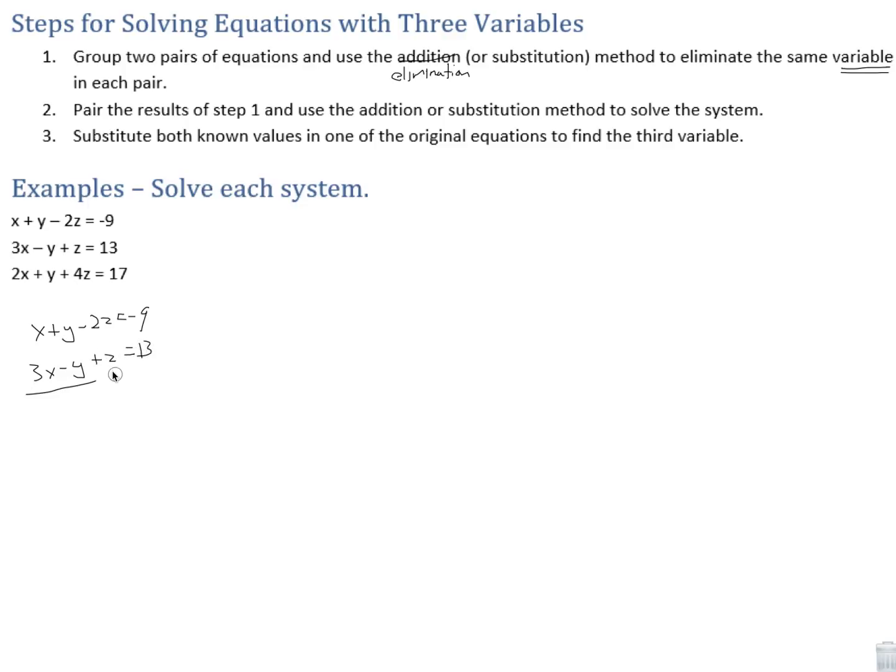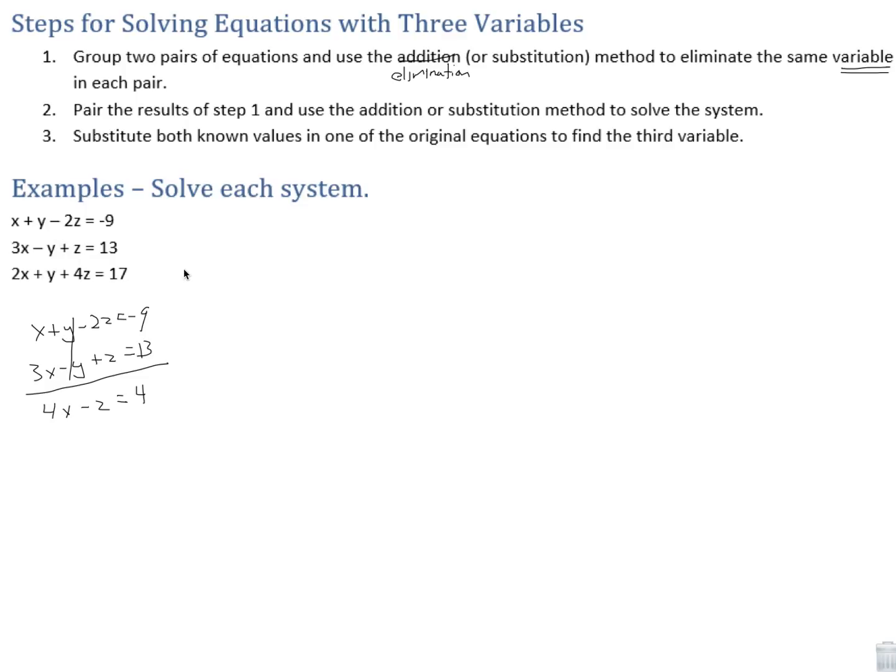If I group those and add them together, I didn't even need to multiply either of these by anything, because the y's just eliminate. So I'm going to add these together. I get 4x. Y's eliminate. -2z and z is -z equals -9 and 13 is 4. So I grouped those two and got 4x minus z equals 4.